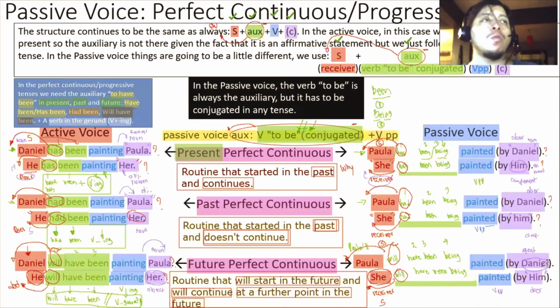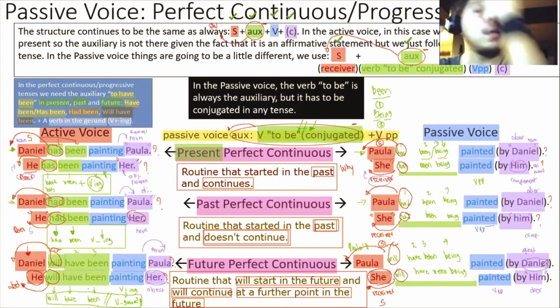Así es como funciona la voz pasiva en los 12 tiempos. Presente simple, Paula es pintada. Pasado simple, Paula fue pintada. Futuro simple, Paula será pintada. Los tiempos continuos. Presente continuo, Paula está siendo pintada. Pasado continuo, Paula estaba siendo pintada.